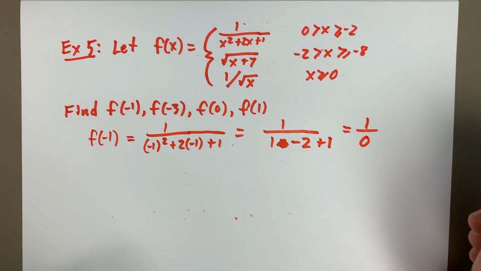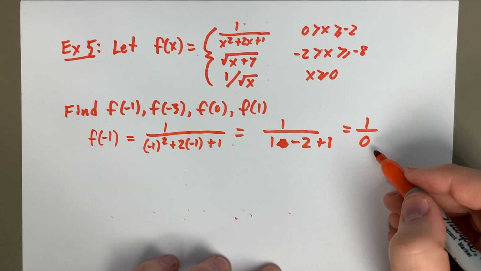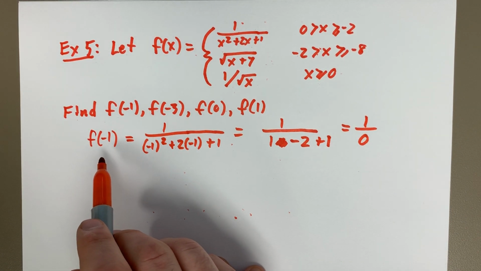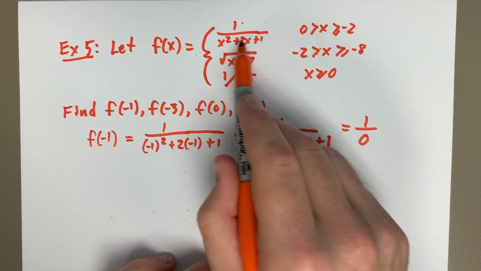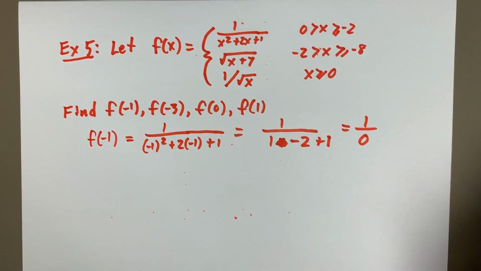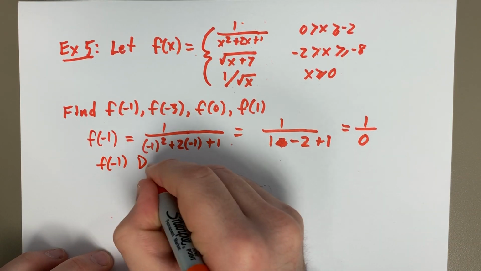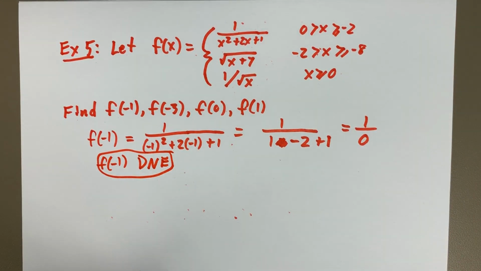Oh no. As mentioned in several videos ago, 1 over 0 tells us that f is not defined at minus 1. Sure, it met the first condition, but I couldn't actually plug it in to this first function. So f of minus 1 does not exist. Can't actually plug it in because we can't divide by 0.